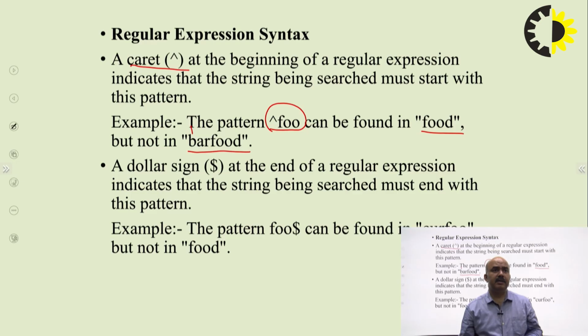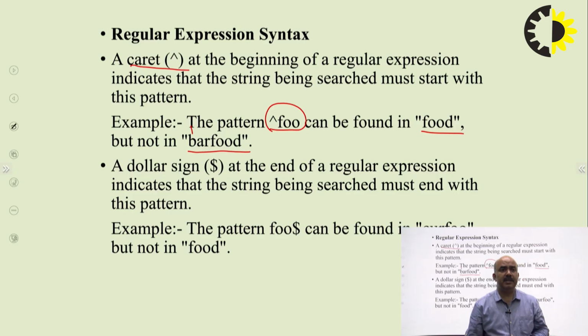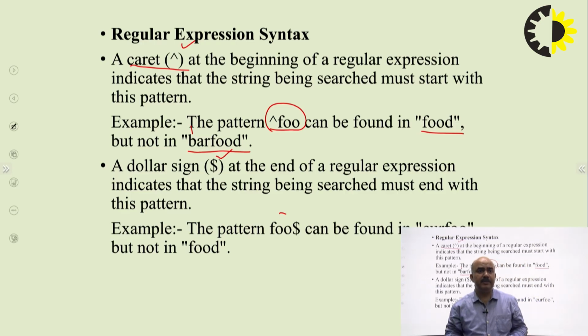Another form of regular expression syntax is the dollar sign, which at the end of the regular expression indicates that the string being searched must end with this pattern. So the caret is used to check whether the starting characters match, and dollar is used to check the ending of the pattern.